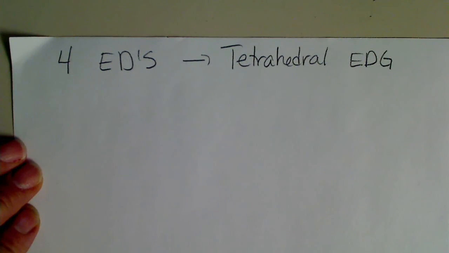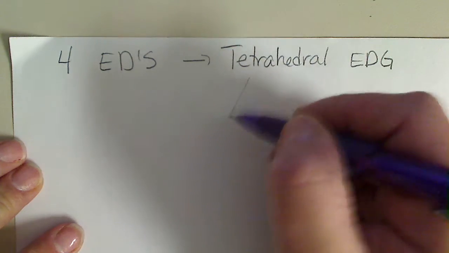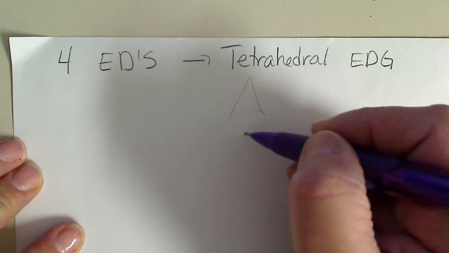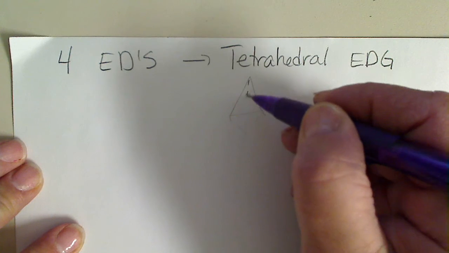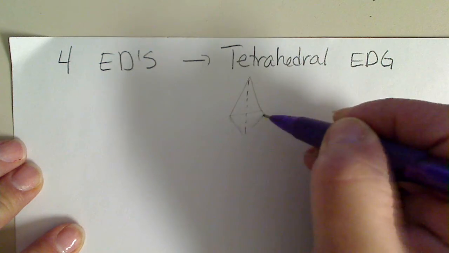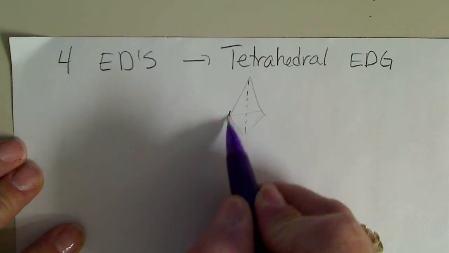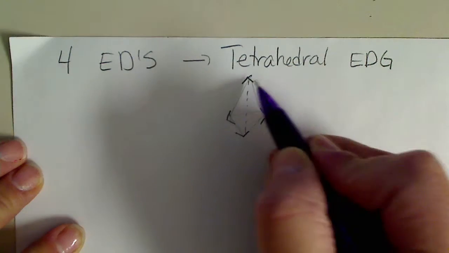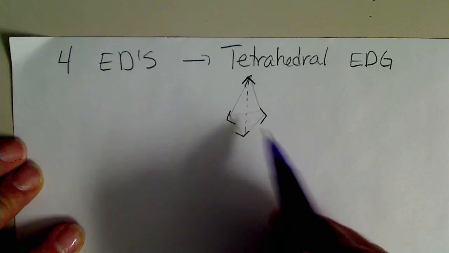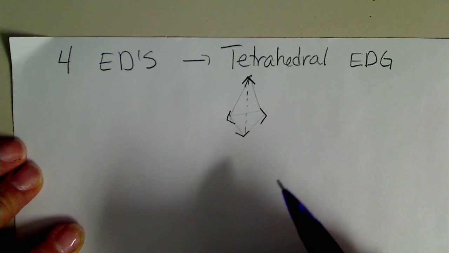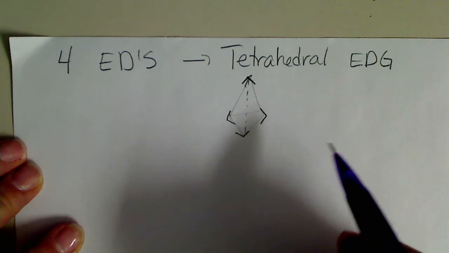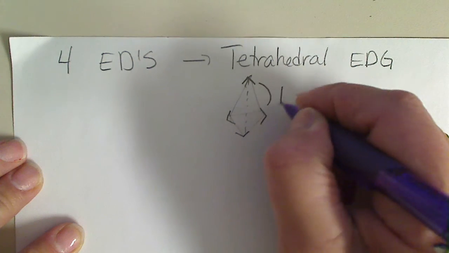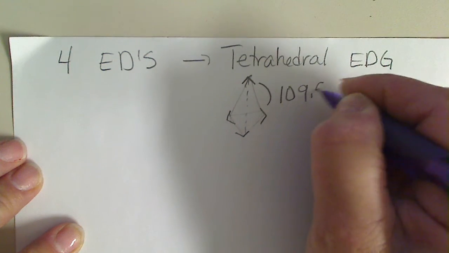So if we tied 4 balloons together, we would get this tetrahedron, and your textbook probably has a much better picture of it. It's kind of hard for me to draw that. But a tetrahedron's got 4 vertices to it. If we glued 4 equilateral triangles together, we would get a tetrahedron shape. So the angles here are 109.5 degrees.